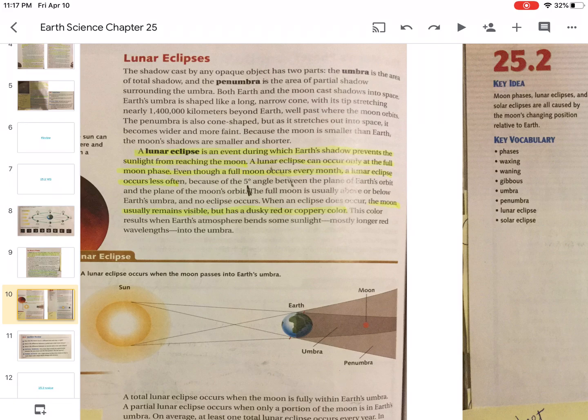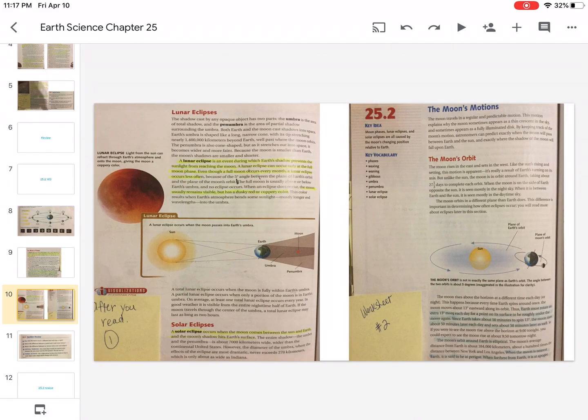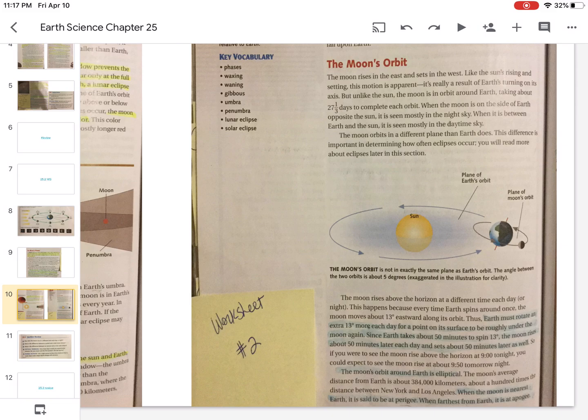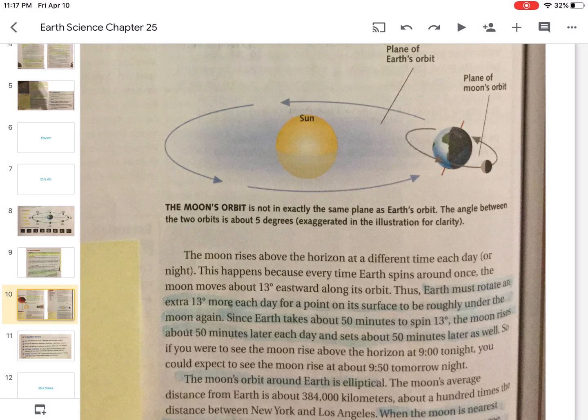Number 2. List factors in the moon's orbit that affect its motion. That's page 562 in your text. Let's see if I can make it a little bit bigger. Earth must rotate an extra 13 degrees more each day for a point on its surface to be roughly under the moon again.